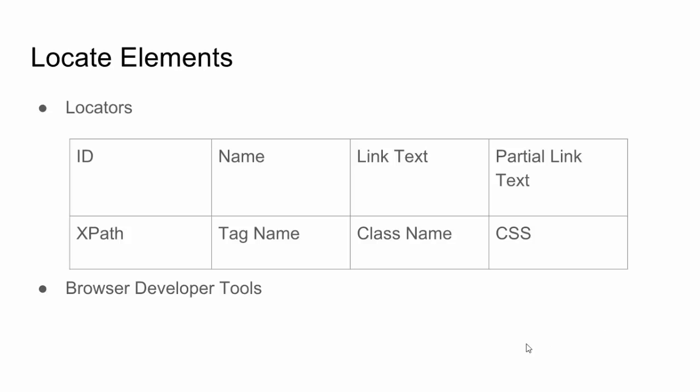So these are the different kinds of methods you can use to locate those. You can locate an element by its attribute of ID, name, link text, partial link text, XPath, tag name, class name, CSS. Most commonly you can use ID to locate an element because each element has a unique ID.